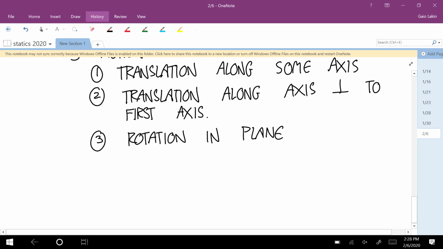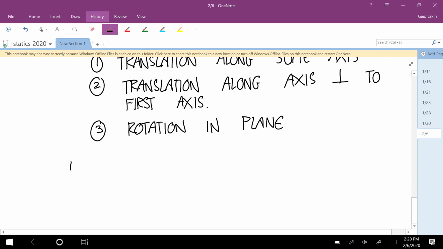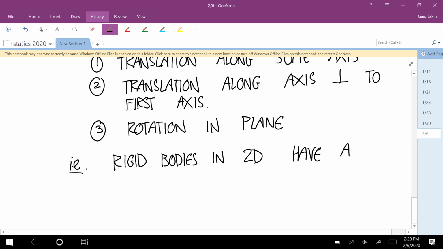So in other words, rigid bodies in 2D have a maximum of 3 degrees of freedom.